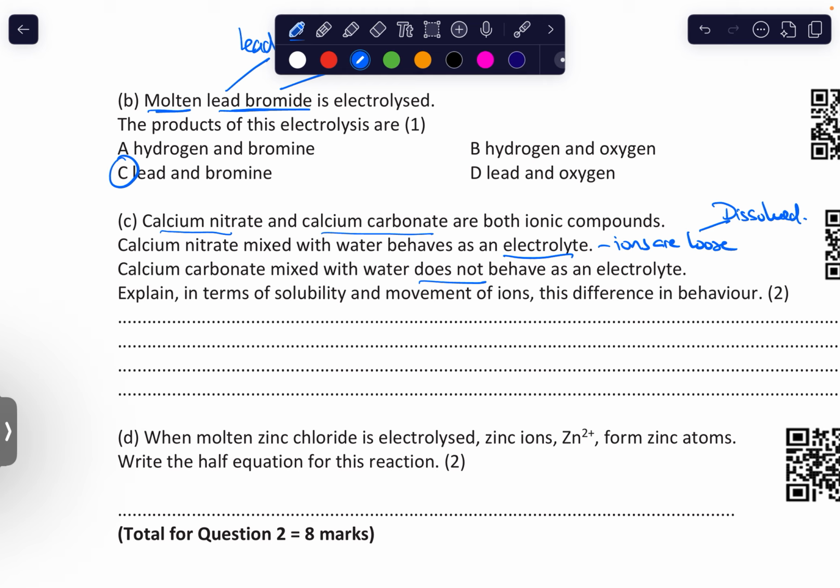So if I'm doing this question, what I'm going to say here is that the calcium nitrate is soluble. We know that from what it says.